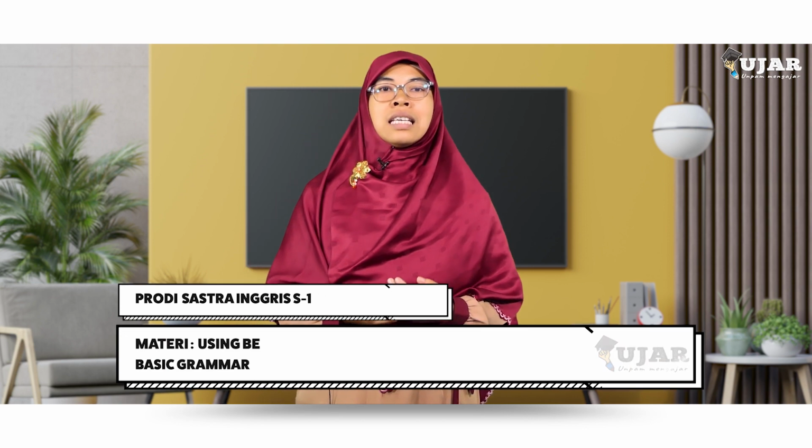We can say Sarah is a student, or Sarah, John, and Andy are students. Be can also be used for any subject pronoun like I am, you are, we are, they are, he is, she is, and it is for present tense.